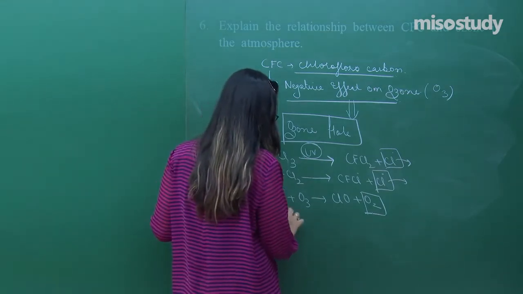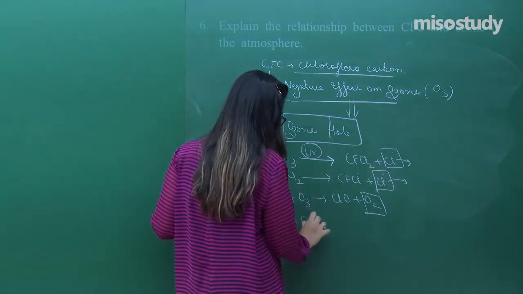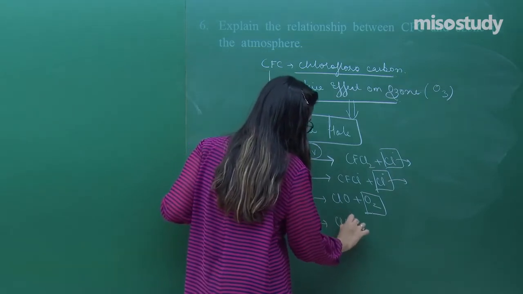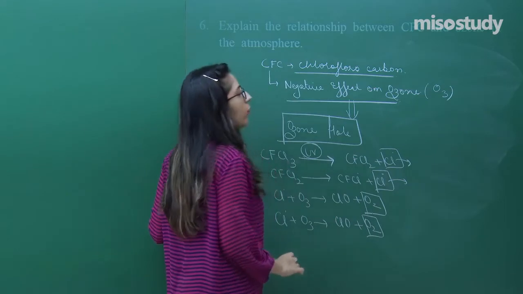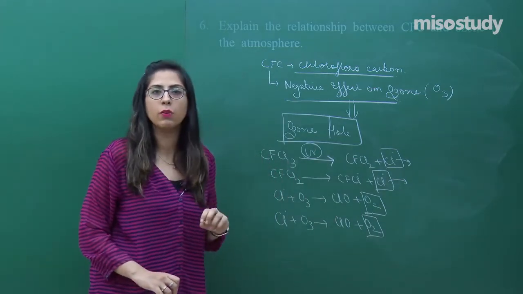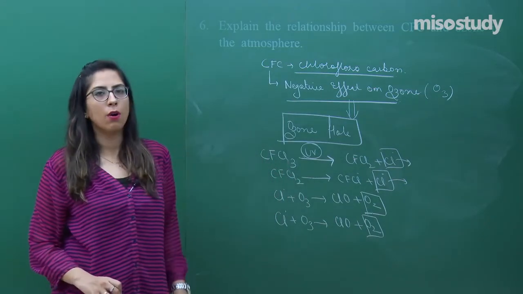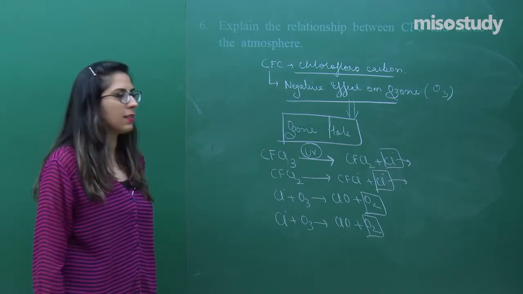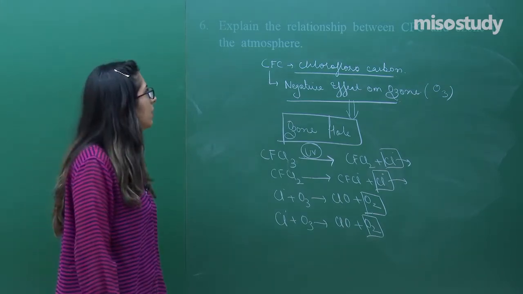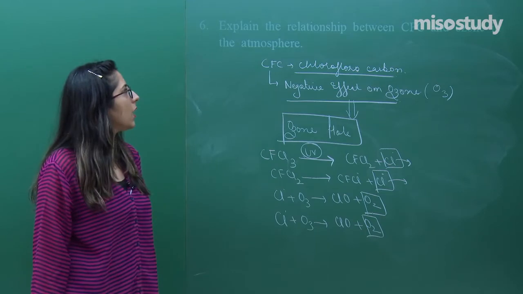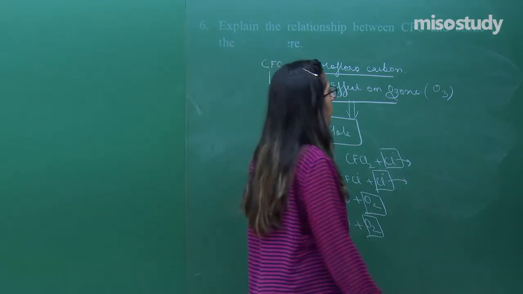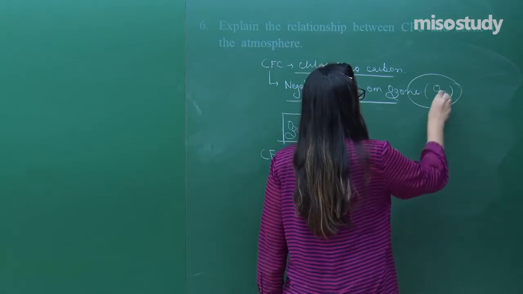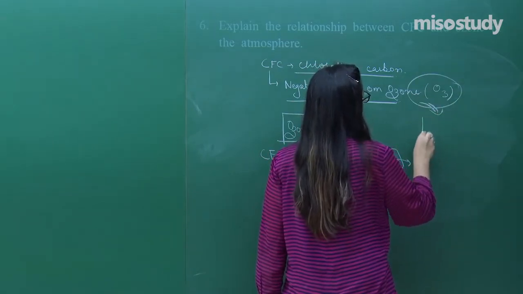Similarly, in a lifetime, one chlorofluoro molecule degrades around 1 lakh molecules of ozone. So this is the reason they cause degradation, and this is the relationship between a CFC and ozone in the atmosphere. This ozone layer is present in the stratosphere.